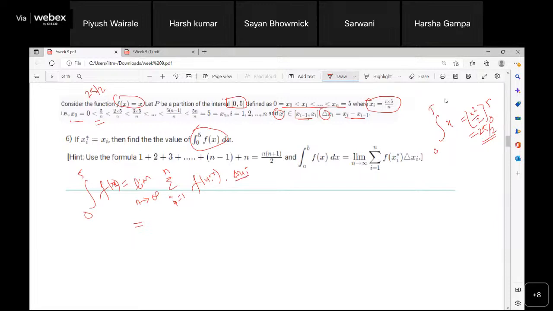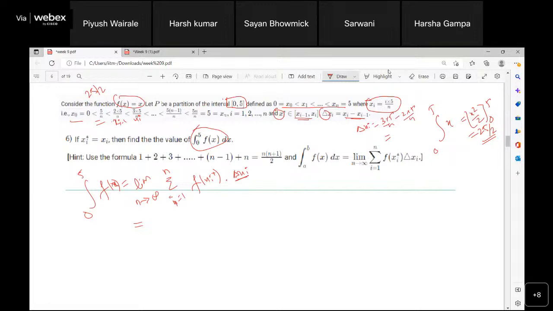First, del of xi is the difference between xi minus 1 and xi, or any two individual terms. So the difference del of xi, say I put 3 into 5 by n minus 2 into 5 by n, will be 5 by n.